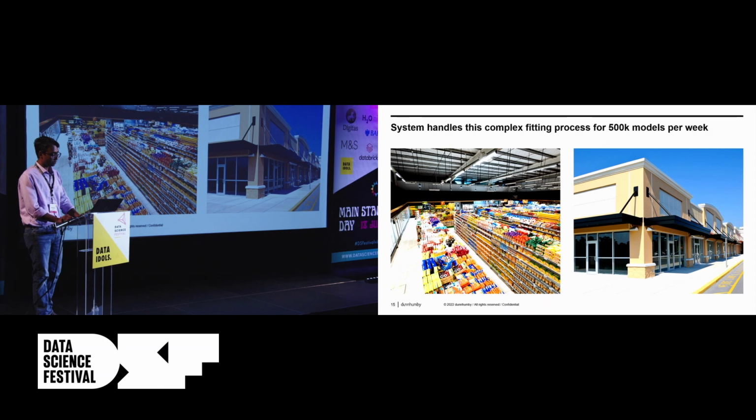Now, again, as we have seen, there are different techniques that we use to solve this complex problem. It's not just fitting the model independently for each product. We need to work with a framework which allows information sharing between different entities, automatically handling outliers, structural breaks, seasonality estimates, etc. So this makes the parameter estimation process very complex. And as we have said before, in a typical retailer, we need to fit 500,000 models per week.